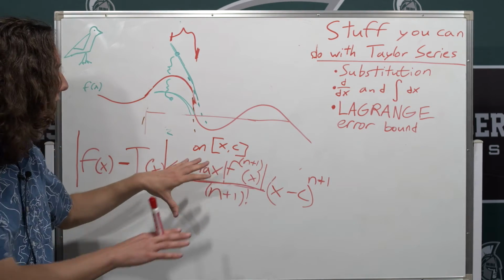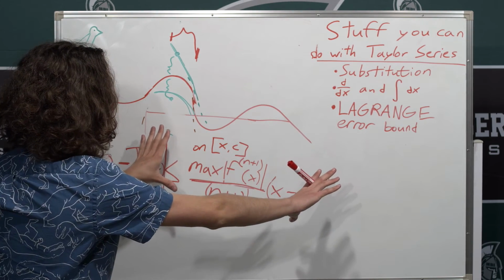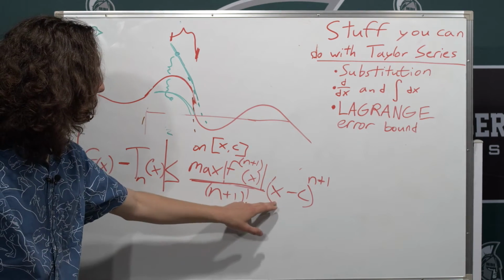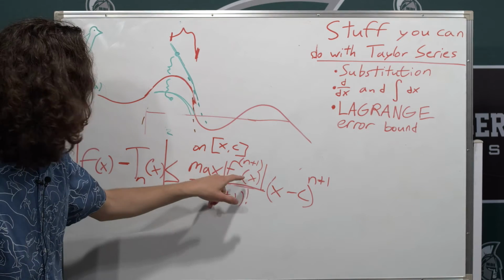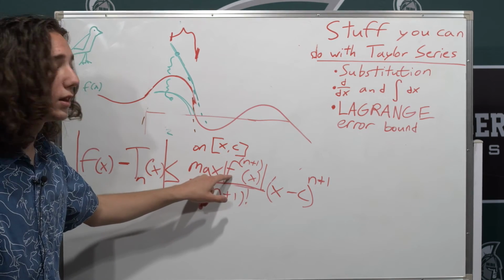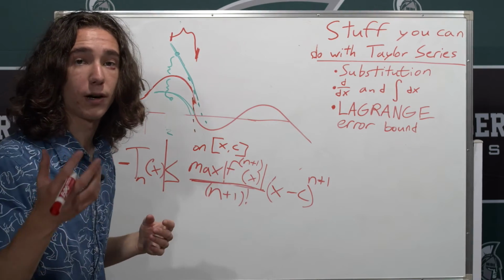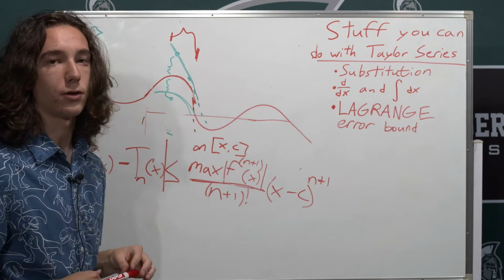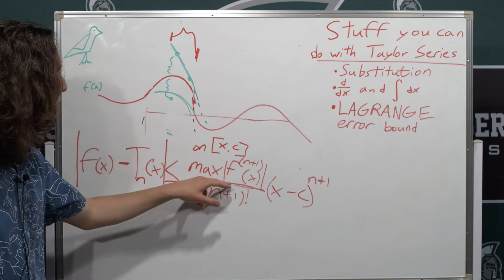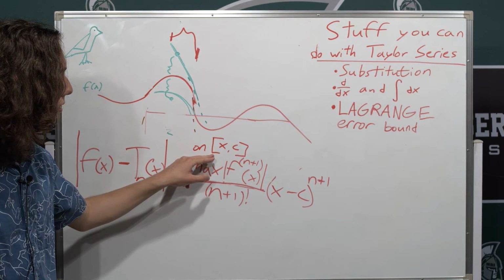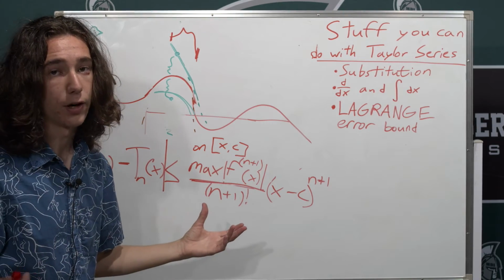Because you can take the maximum of this whole thing, but since these are all constants once we've plugged in a value, it doesn't matter anywhere but here. It's only this next derivative that we care about finding the maximum of, because the rest of these are essentially constants. You find the maximum of this next derivative on this range, and you've got your answer.